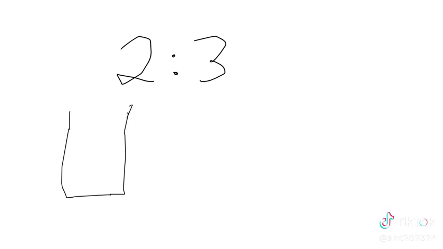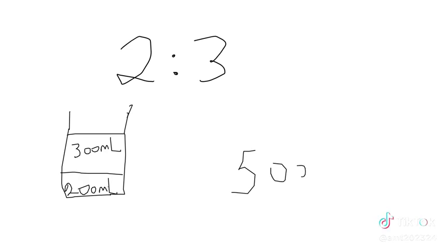So I might want to fill, let's say, 200 milliliters of blackcurrant squash, or orange squash, or whatever flavored squash you like to drink, and then I want to add to that 300 milliliters of water, to make sure that it's not a very strong taste. So this is the idea of a ratio. In total, I've got a 500 milliliter drink of squash that is what I call diluted.